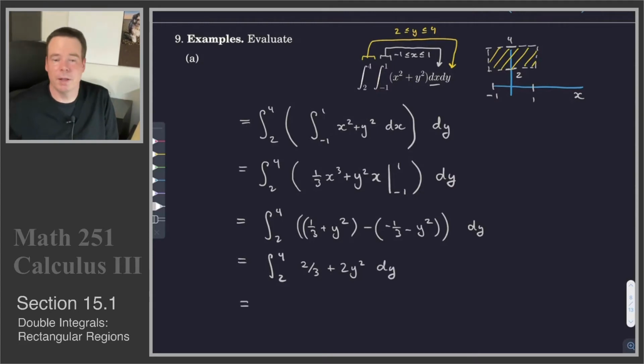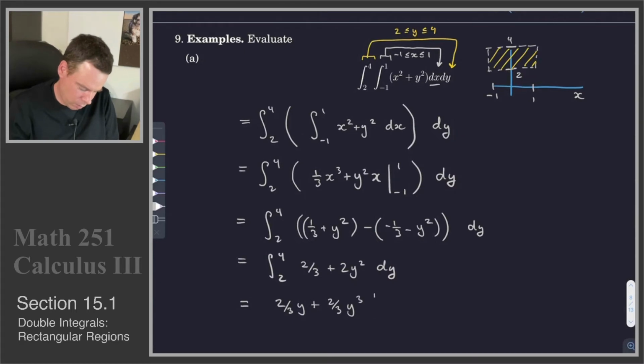Now we can go ahead and compute the next integral with respect to y. So that's 2/3 y plus 2/3 y cubed from 2 to 4. So that would be 8/3 plus 2/3 times 4 cubed, minus 4/3 plus, so 2 cubed is 8 times 2/3, so that's 16/3.